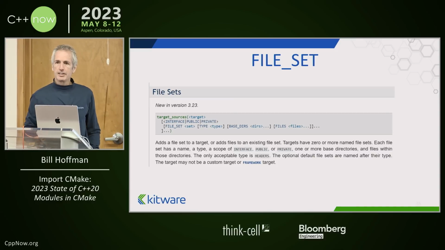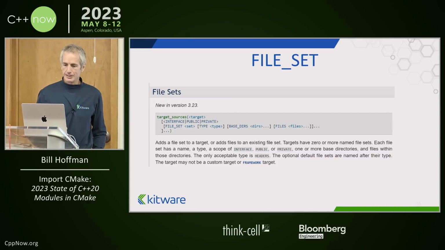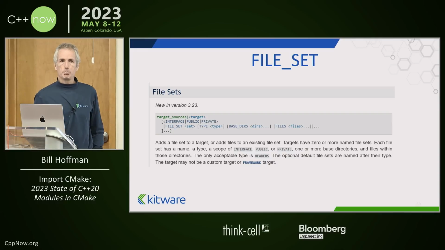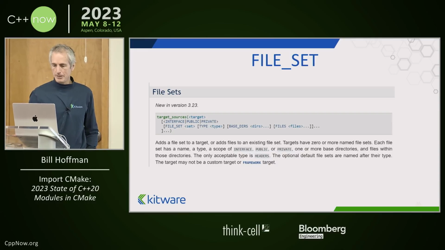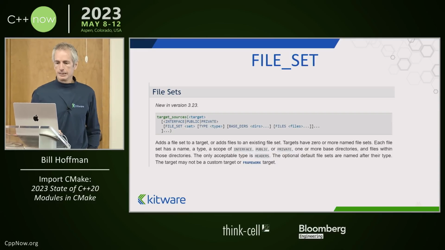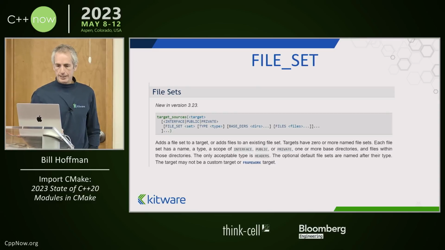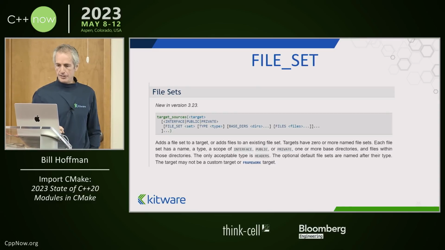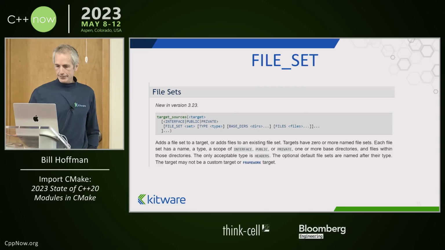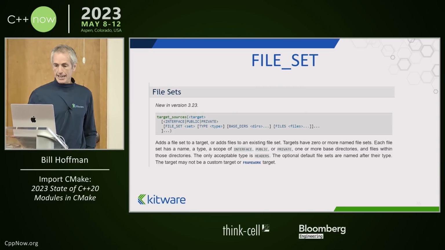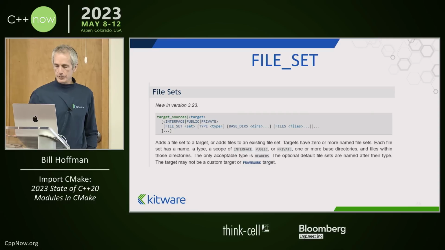Okay, so CMake has a relatively new feature called a file set, which is important to understand how CMake modules are handled. And that is through target_sources. You can do FILE_SET, and originally it only had headers.